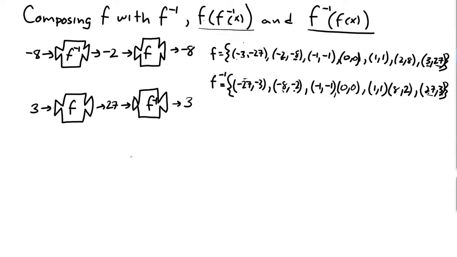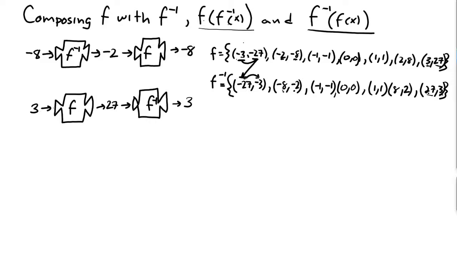Now that makes sense because remember, f and f inverse are just swapping their domains and ranges. So if I pick a value from f, I pick 3. I put that into f, what do I get out? 27. Now I come down here and put that into f inverse. What do I get out? 3 again.